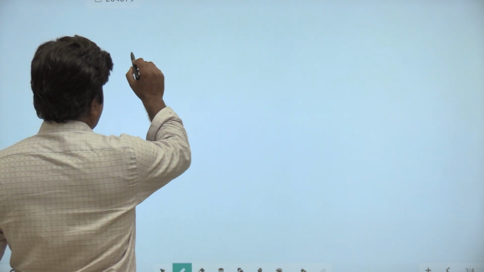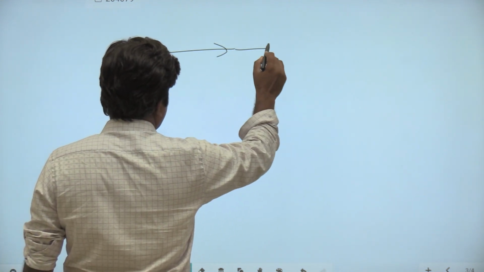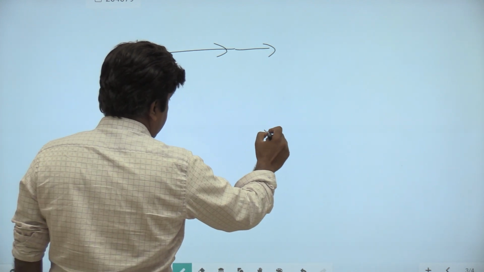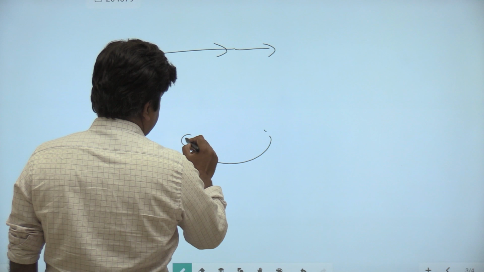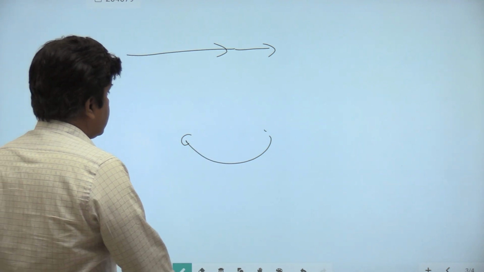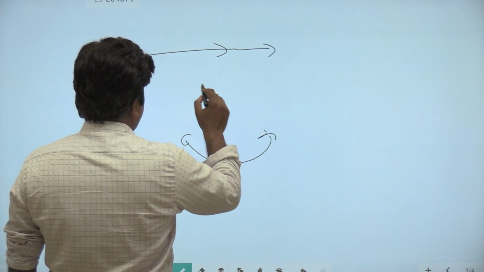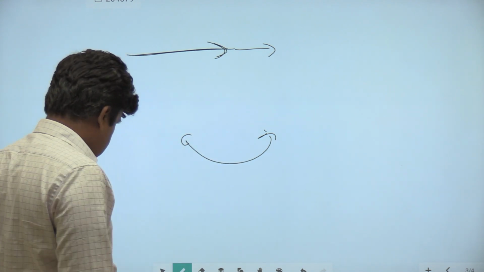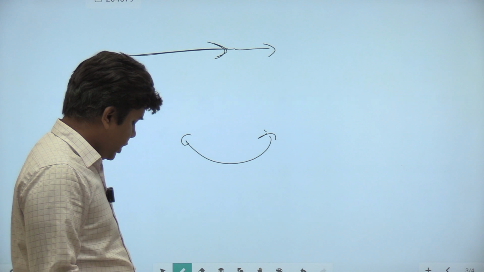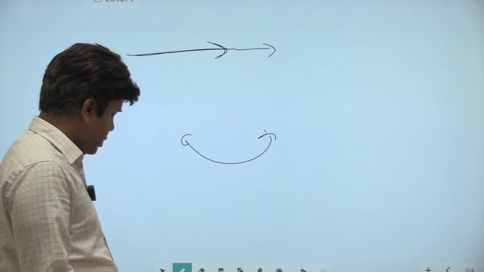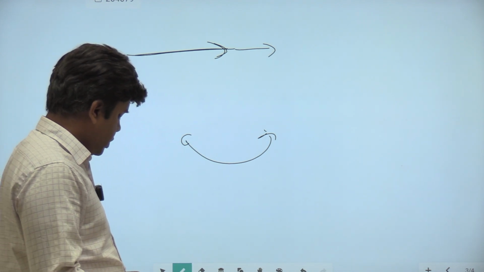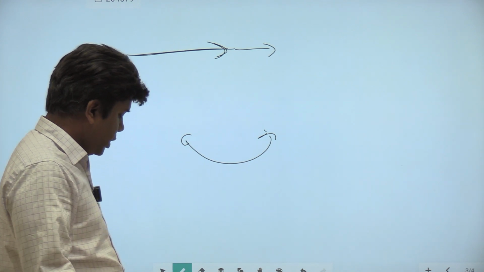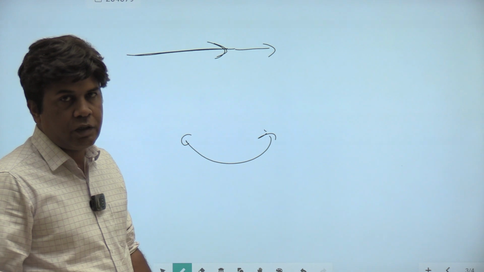The tropical cyclone moves from east to west, and the temperate cyclone moves from west to east. But anticyclones remain stable or very slow moving. So these are the characteristics of the anticyclones.